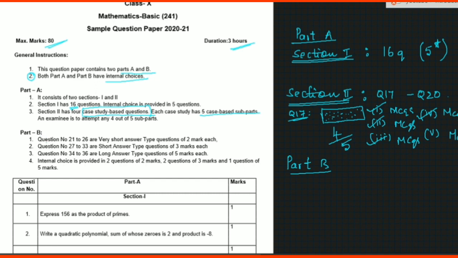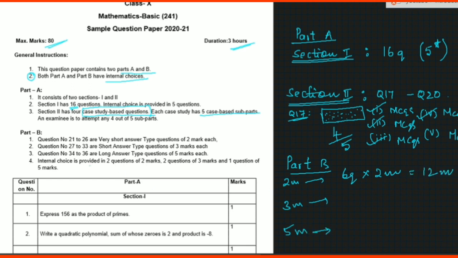Coming to Part B, question number 21 to 26. So 6 questions, 2 marks each. Means 2 marks questions, 3 marks questions, 5 marks questions, like this only he is giving. So 12 marks.